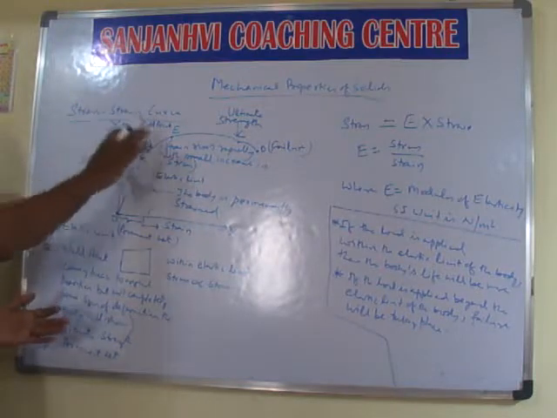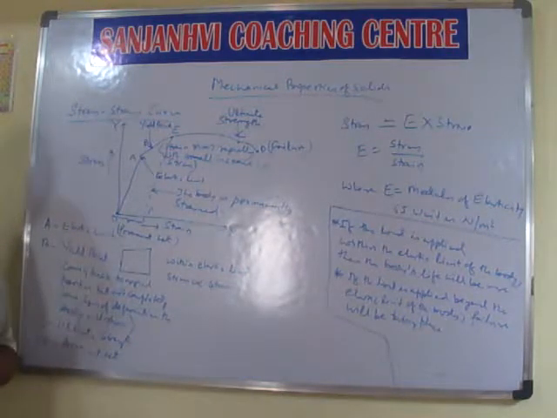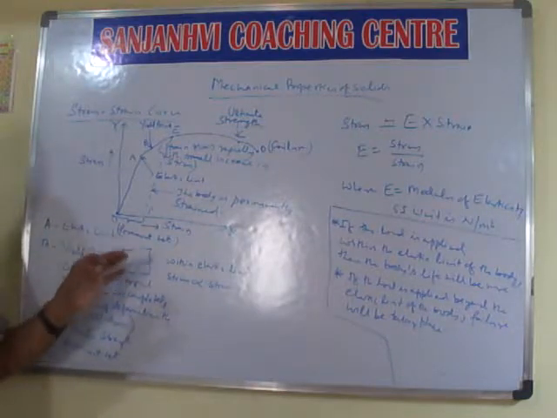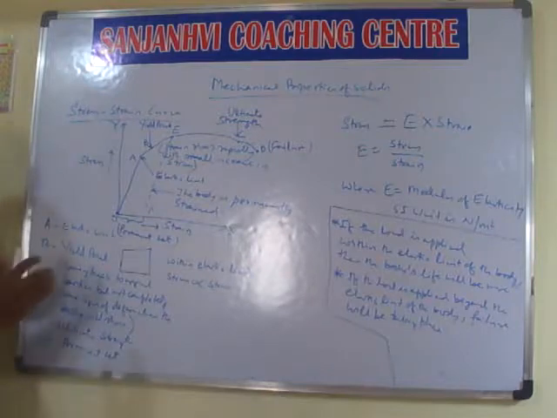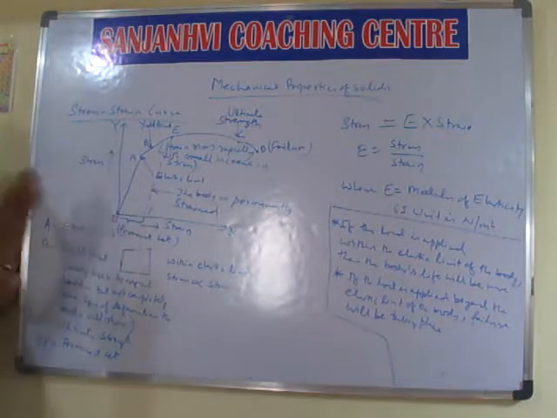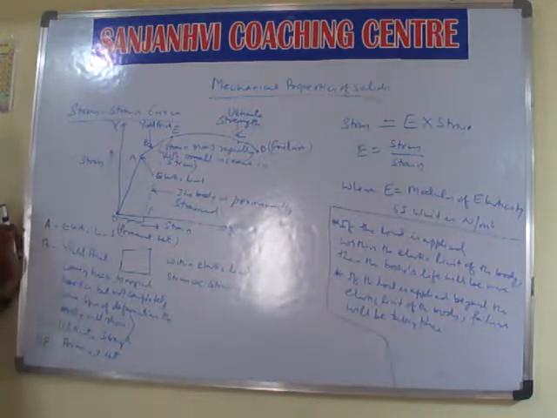So from this mechanical behavior, the stress strain curve, what have we understood? We have understood that if any body has to be applied with some load, that load should be well below its elastic limit so that its life can be increased. Correct or not? When you are going to design any particular body, being an engineer, you have to find out how much load this particular body will be able to withstand.